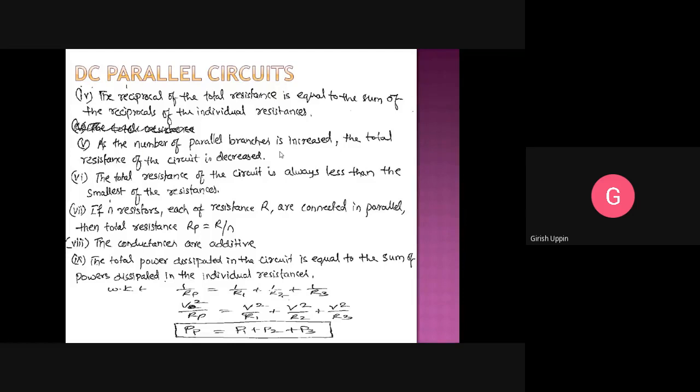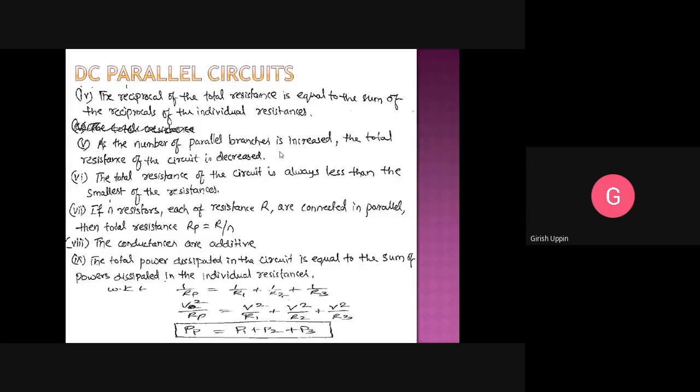What is the effective resistance you get? For simplicity, you can take it as 1 ohm, 1 ohm, 1 ohm. So what would be the effective resistance? 1 by Rp is equal to 1 by 1 plus 1 by 1 plus 1 by 1. That is 3, so Rp is equal to 1 by 3 ohm.